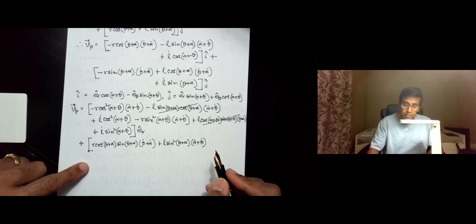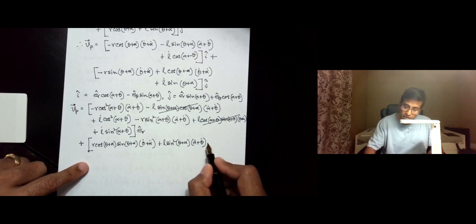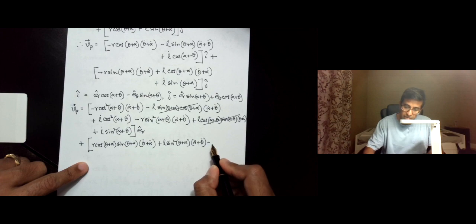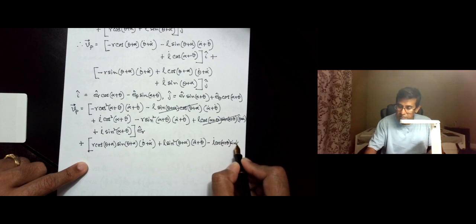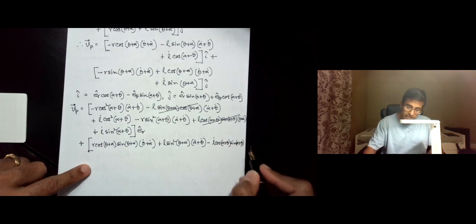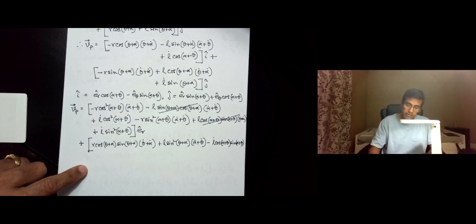We are multiplying by minus sine theta plus alpha, so just to keep that in mind, minus L dot cosine alpha plus theta sine alpha plus theta. I'm using alpha plus theta and theta plus alpha interchangeably, so please bear with me for that. Not that it is going to matter in this case.